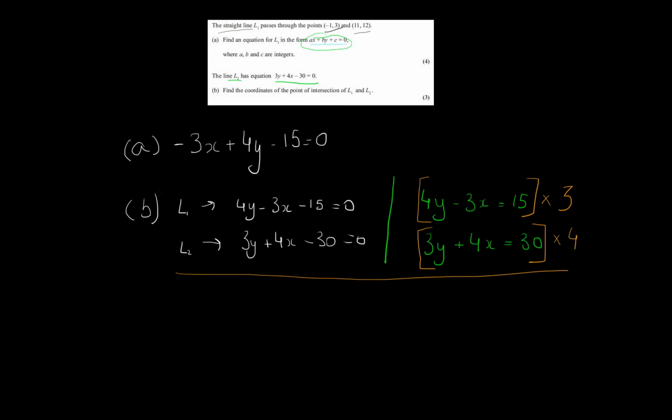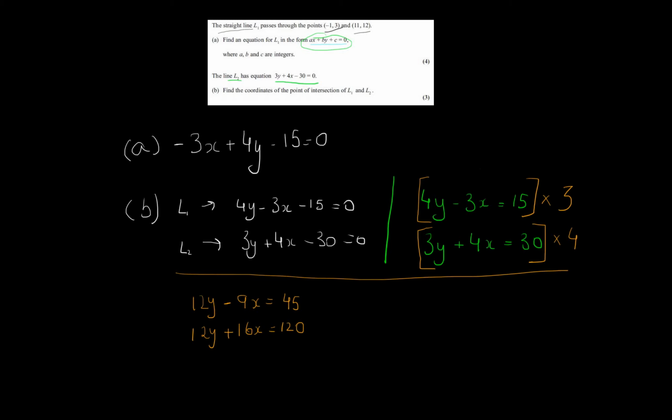And if I just do that down here, 4y times 3 is just 12y, minus 3 times 3 is 9x, equals, and 15 times 3 is 45. And down here, I'll do the same thing. 3 times 4 is 12, so 12y plus 4 times 4 is 16x, and 30 times 4 is 120.